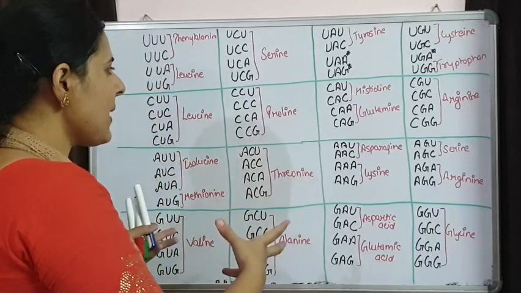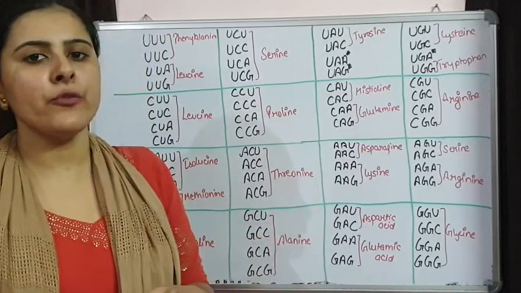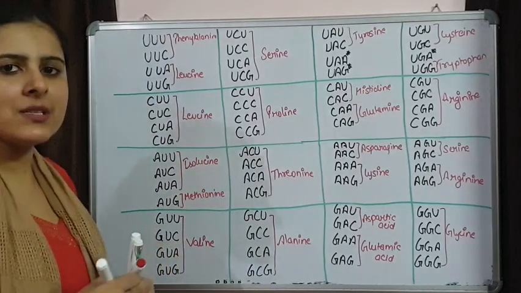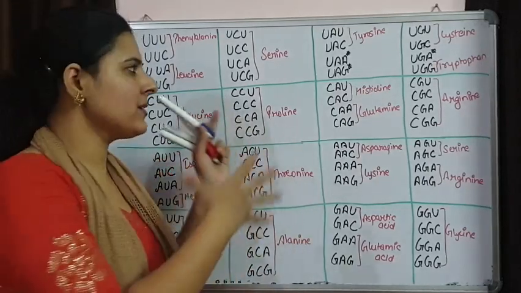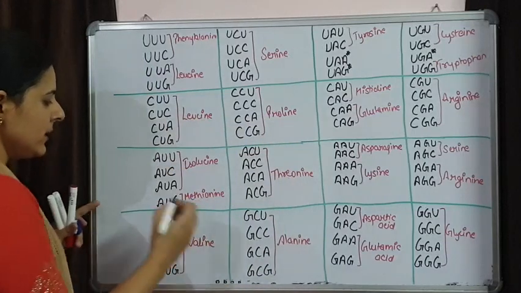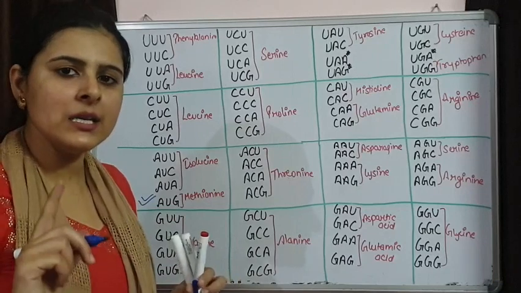There are some amino acids that are coded by 2 codons, or by 4, or a maximum of 6 codons. We are going to discuss them when we talk about the characteristics of the genetic code. First, let's find out the amino acids that are coded by a single codon.